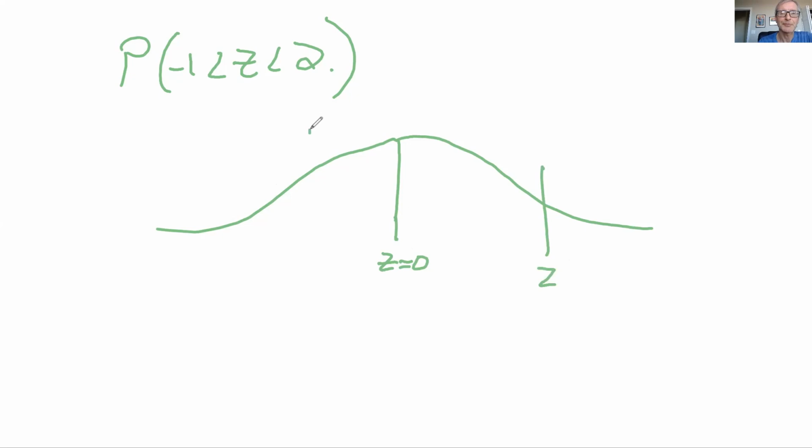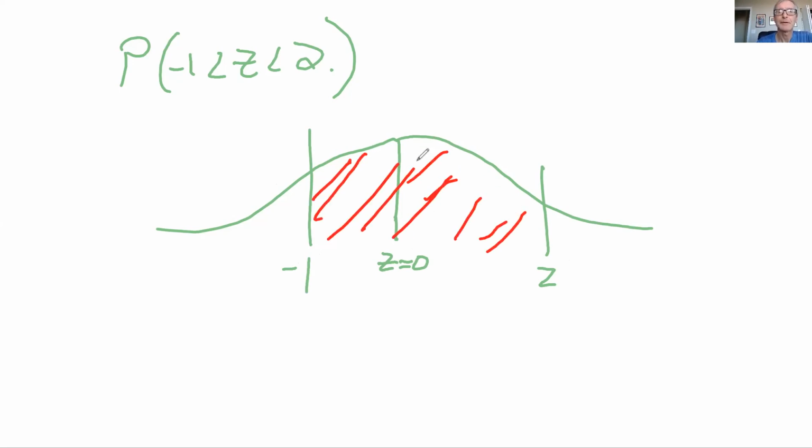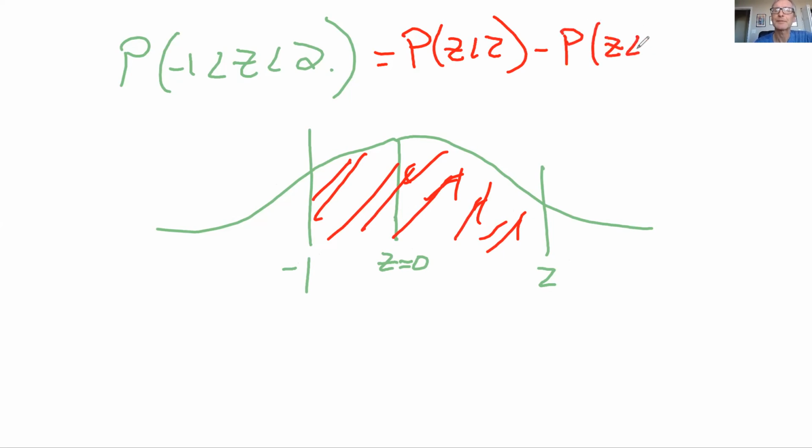If we go down to minus 1, it would be here. So what we're trying to calculate, let me put that in red, is this area here. And so that would be the probability of z being less than 2 minus the probability of z being less than minus 1.